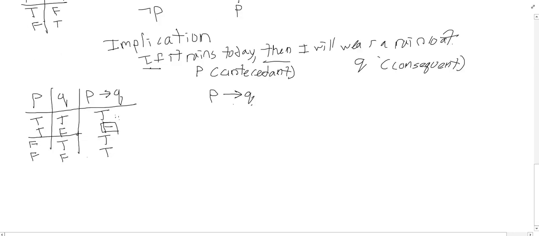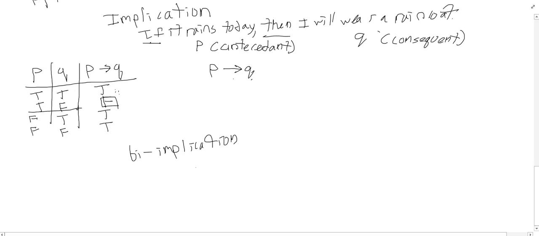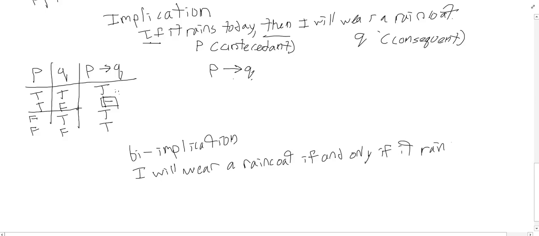There's a slight variation on the implication called the biconditional, which is a little more stringent. It would be something along the lines of, I will wear a raincoat if and only if it rains.